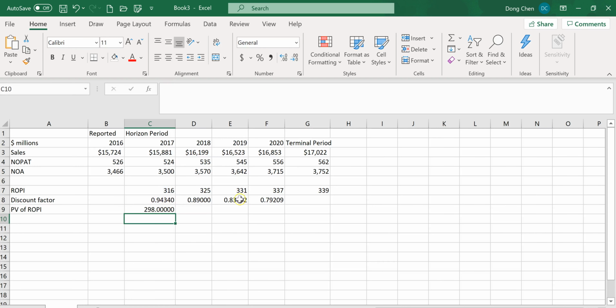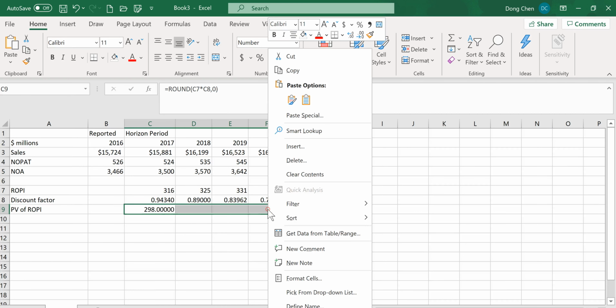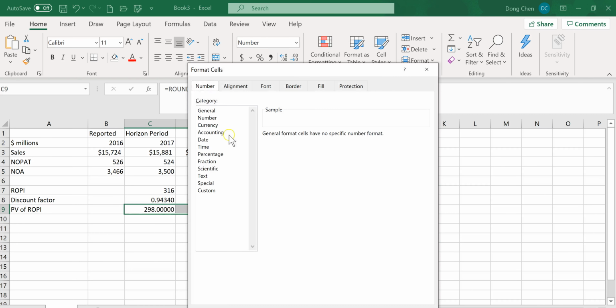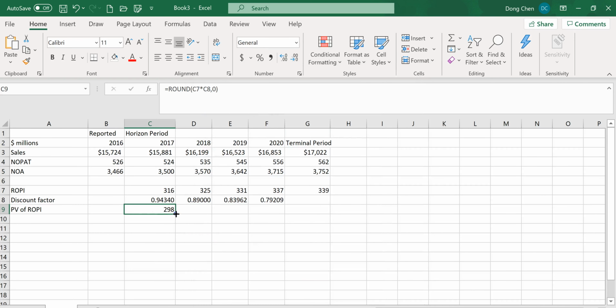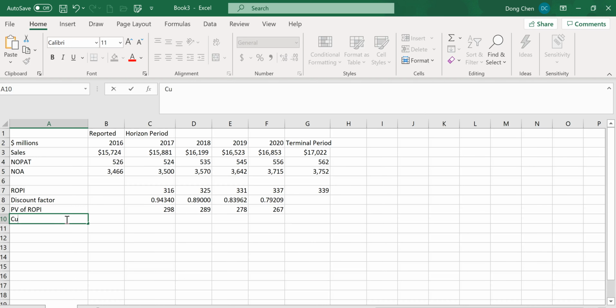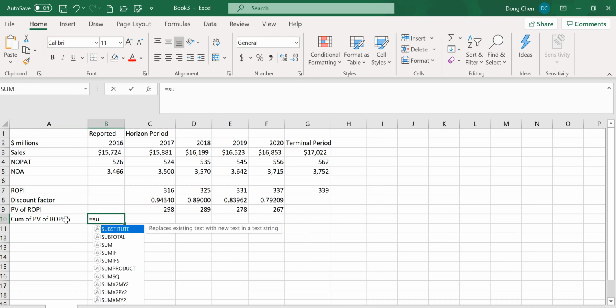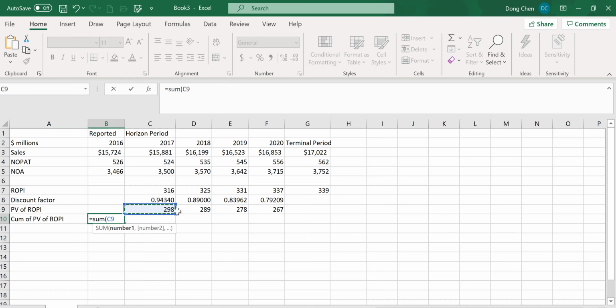So keep 0 decimal places and change the format here to just General. And then I can pull all the way to the right. And then the cumulative present value of ROPI is simply the sum of these 4 numbers here.